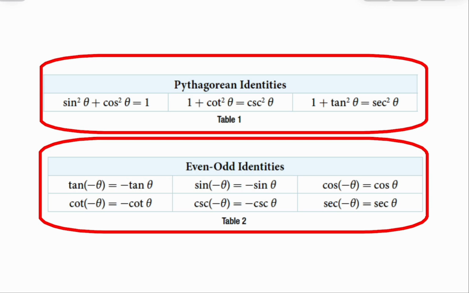Let's talk about the even and odd identities. As we were graphing these, I was showing you what happens. These ones here are even. They actually have y-axis symmetry.